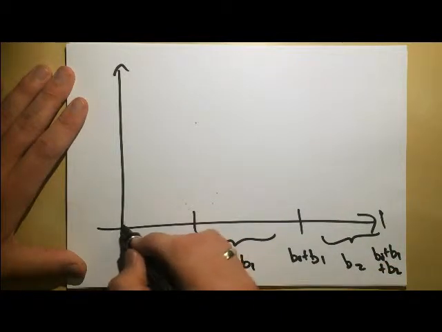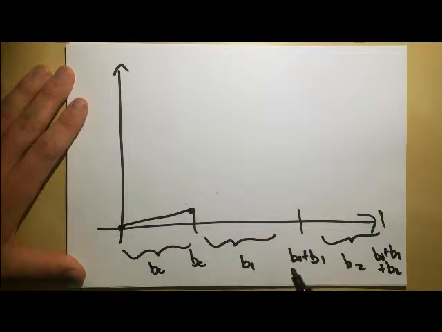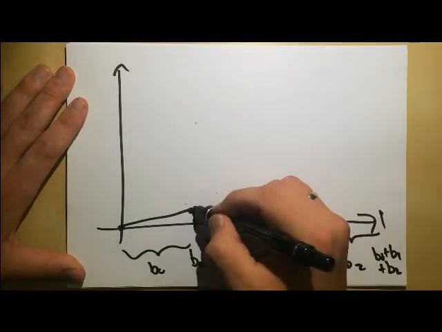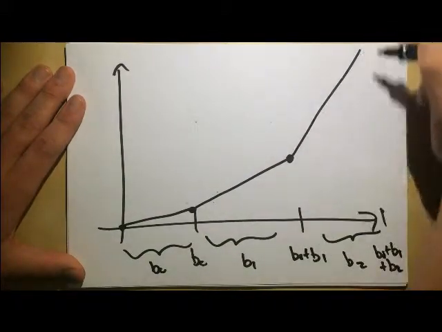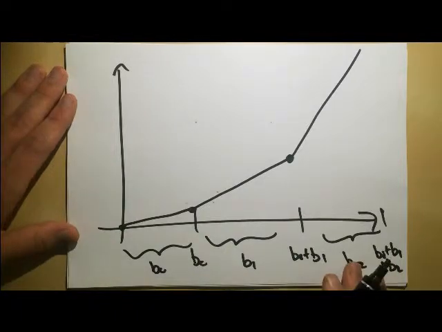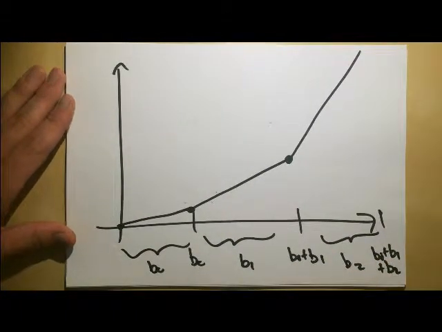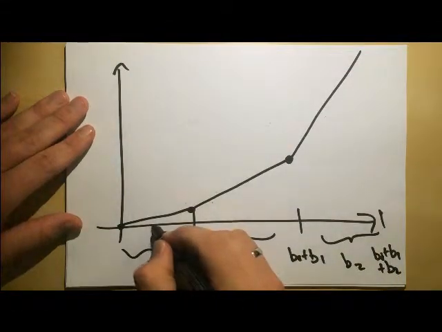And what's happening here is that we start out with a really slow slope, and then as we go to the next step we get an increased slope, and then eventually we have a very steep slope. So this is the idea of what's going on in the Hodge polygon, and these inequalities tell us, for example, if A0 is less than B0, then it's going to start going up a little bit faster.